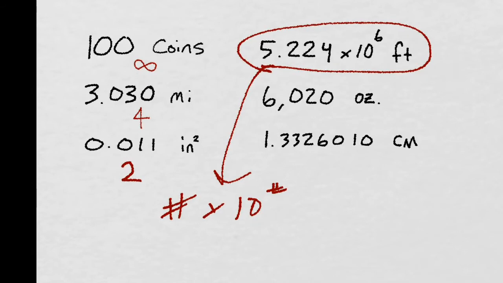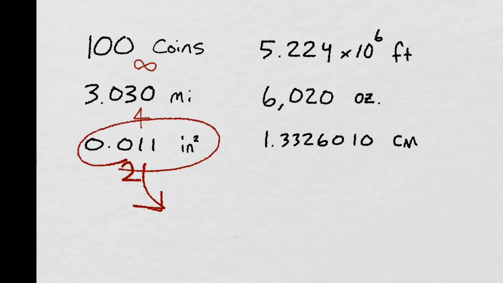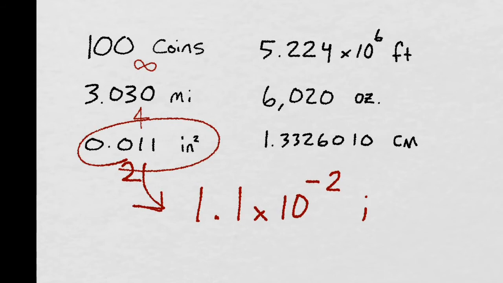And I'll give you an example using this 0.011 number. So actually, let's take a look at that. So 0.011, this number right here, if we were to put that into scientific notation, we would write 1.1 times 10 to the minus 2, and in this case it's inches squared.